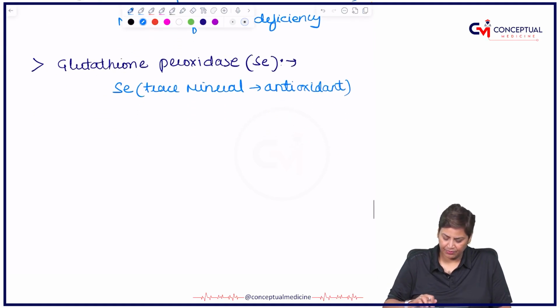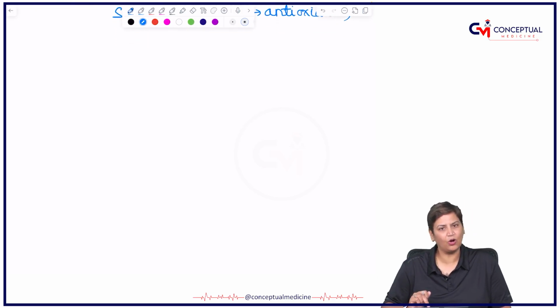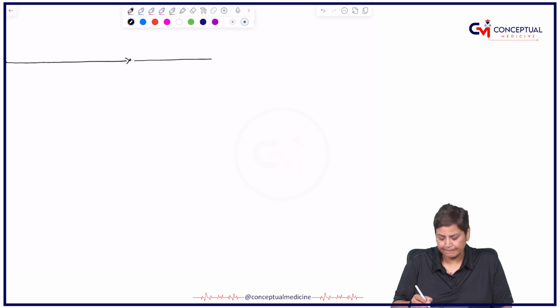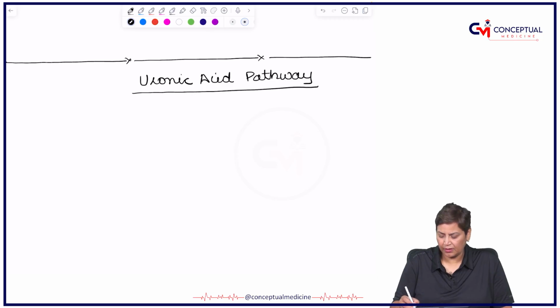Then after the HMP shunt, we come to the second alternative pathway of oxidation of glucose, which is the uronic acid pathway. Now see what happens in the uronic acid pathway. It is again an alternative method, right? Now, first, it is not a shunt, it's a pathway.